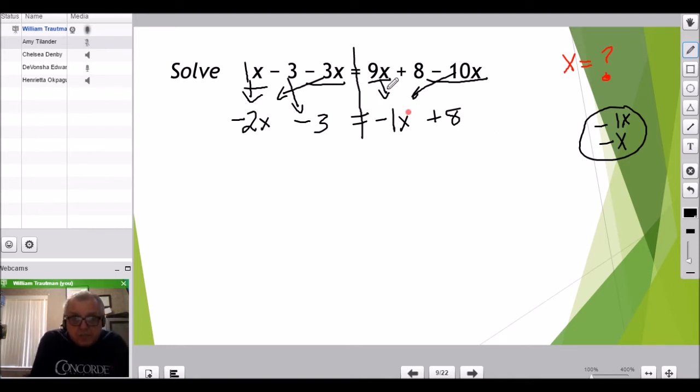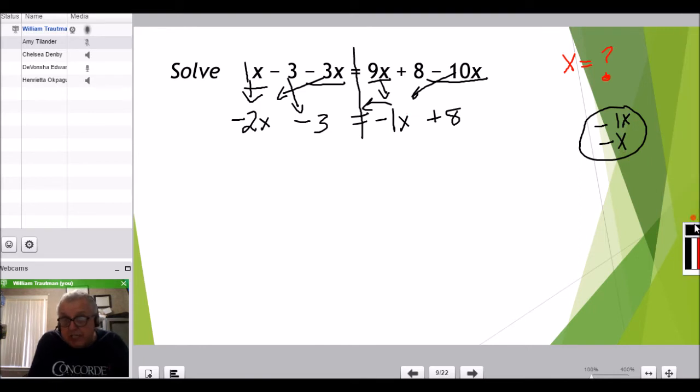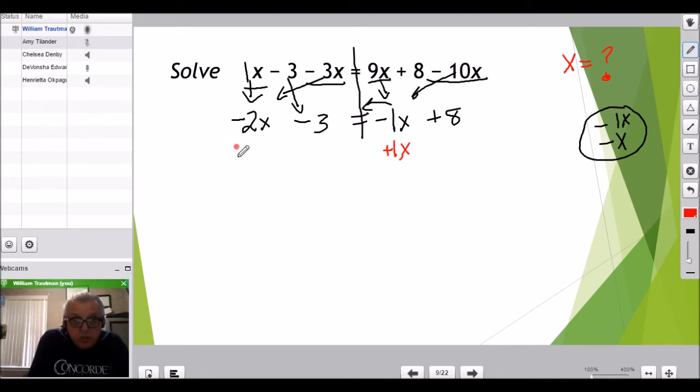So I'm going to take this minus 1x to the other side. Remember I said get the x's to the other side by adding and subtracting. This is a minus 1x, so I'm going to plus 1x on both sides. I'm left with negative 2x plus 1x, which is a minus 1x.